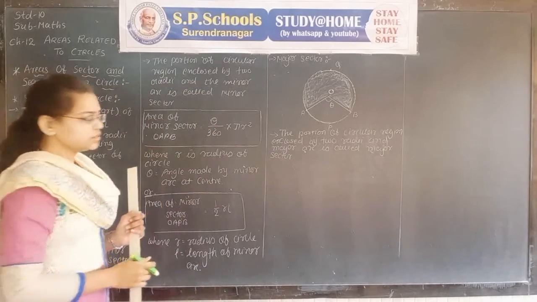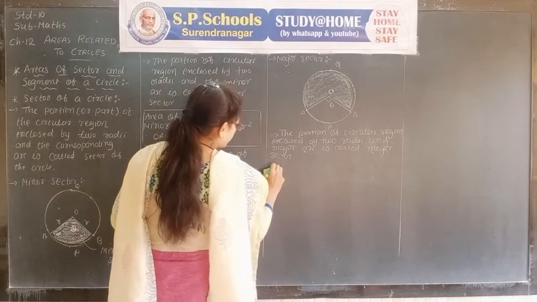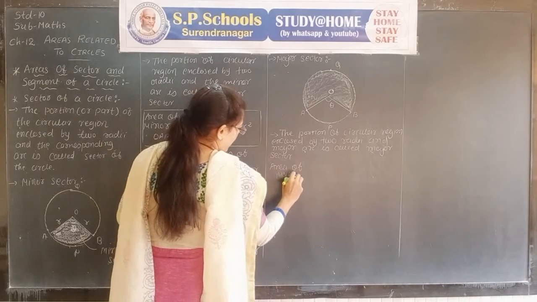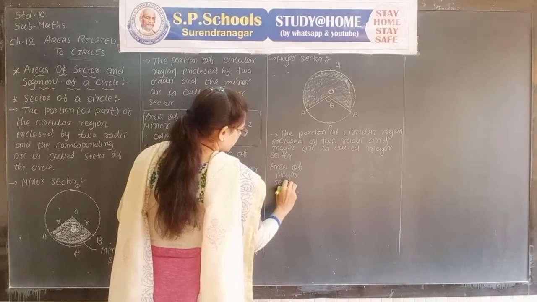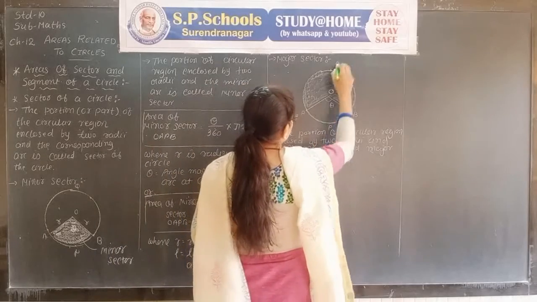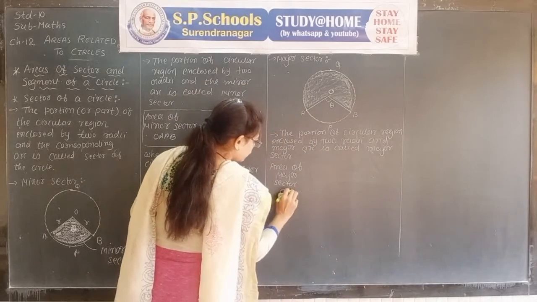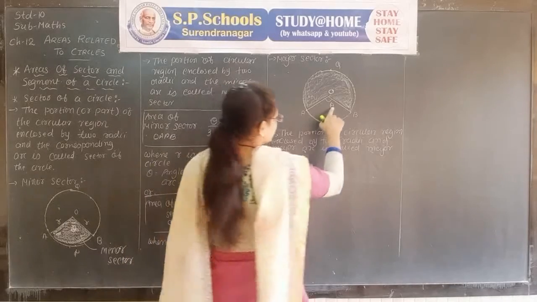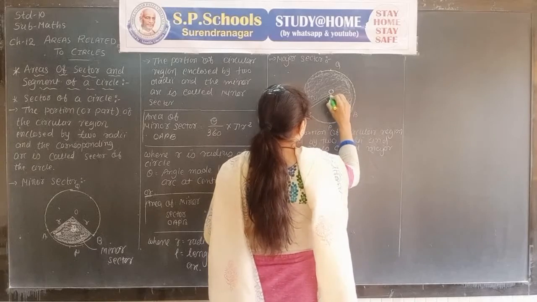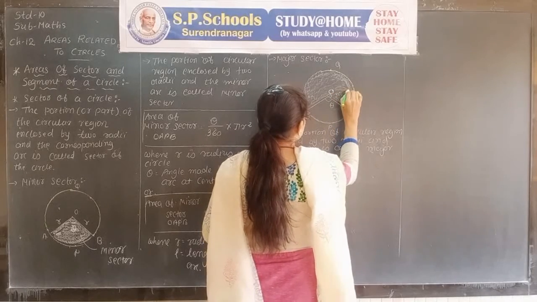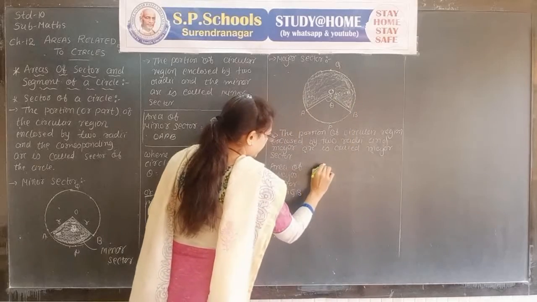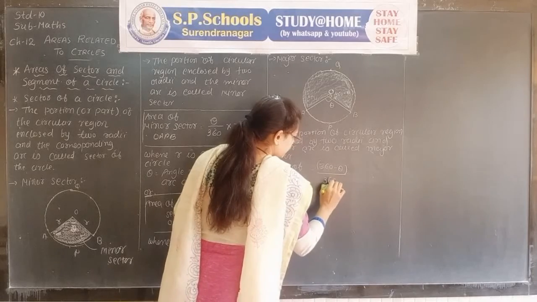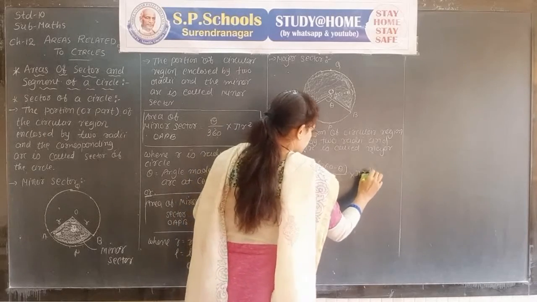Again, one formula is there. First is area of major sector. Here the major sector is OAQB. OAQB is equals to, it is angle theta, then this angle is 360 minus theta. So that 360 minus theta upon 360 into pi r square.